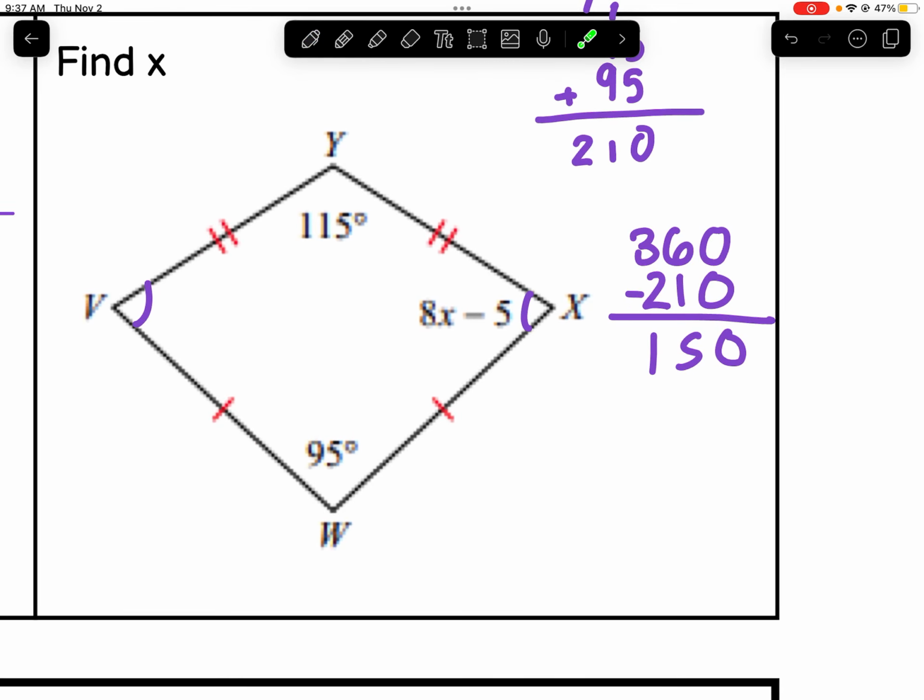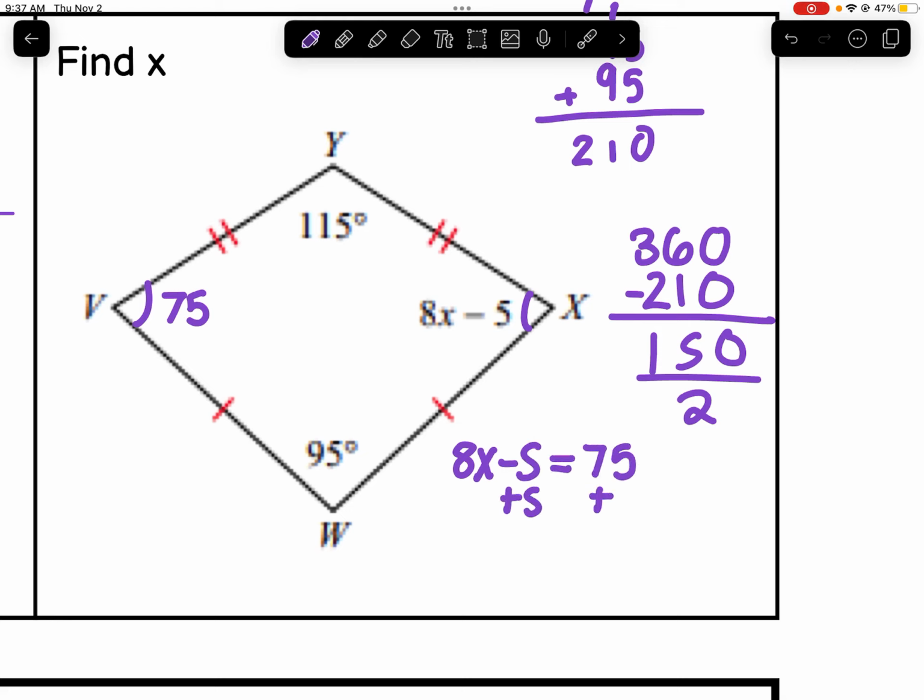That doesn't mean that x is 150 nor v. What that means is that we have 150 degrees left in our quadrilateral to split between these two congruent angles. So we're going to divide that by 2 and find that each of those angles is 75, meaning that 8x minus 5 equals 75.